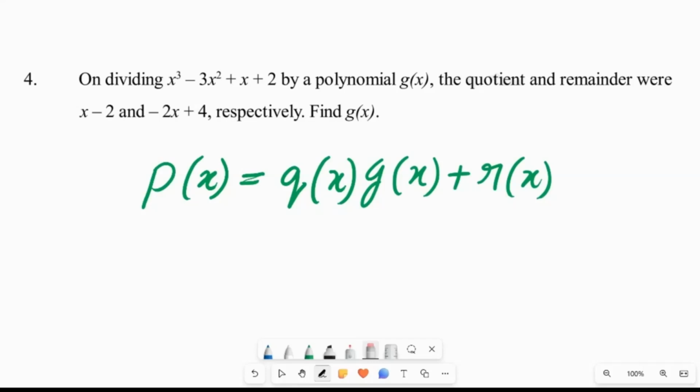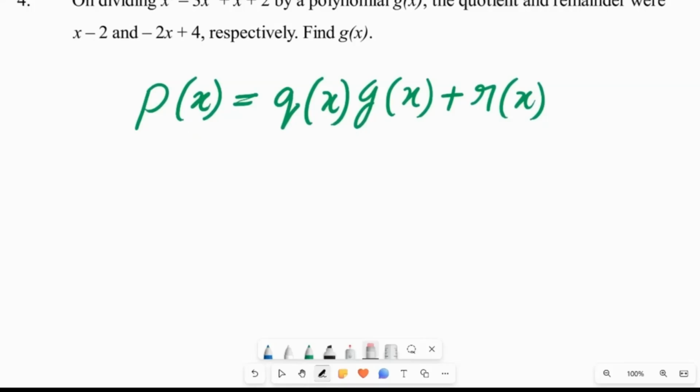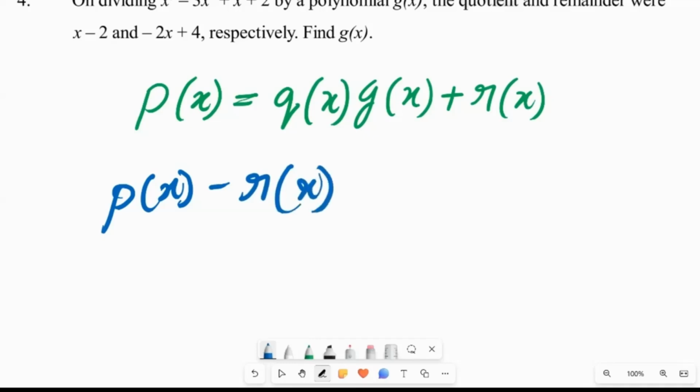So to find the g of x from this equation, if I bring this plus r of x to this side, it would be minus r of x. So p of x minus r of x is equal to q of x into g of x.